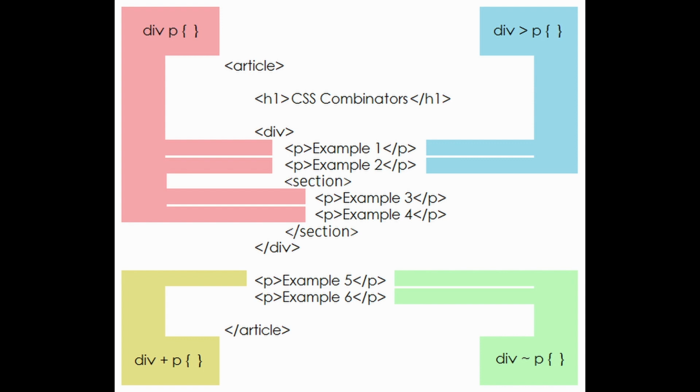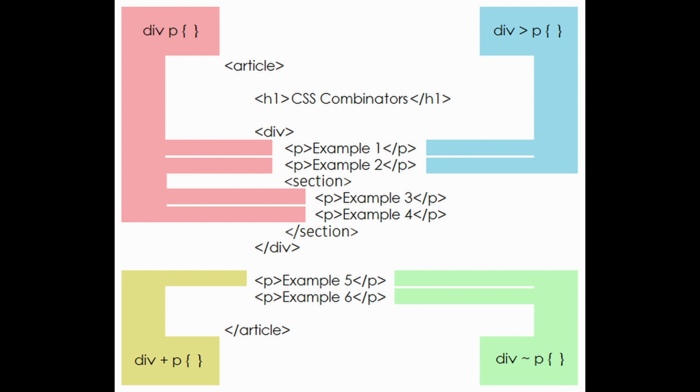The next one is the adjacent selector. The adjacent selector targets the adjacent sibling, that is the sibling immediately after a particular element, and this is represented by the plus sign. We also have the general sibling selector.